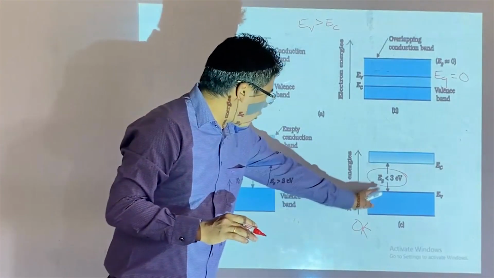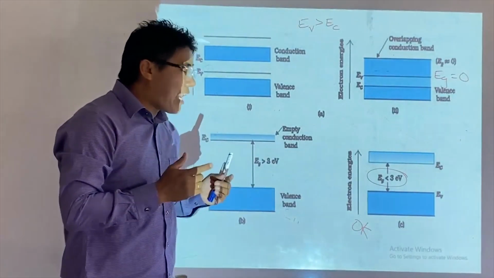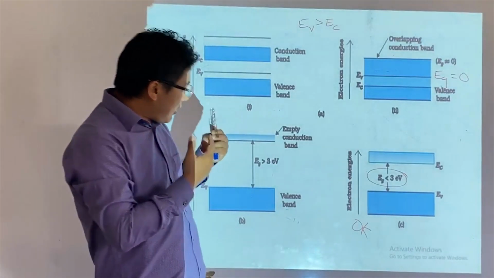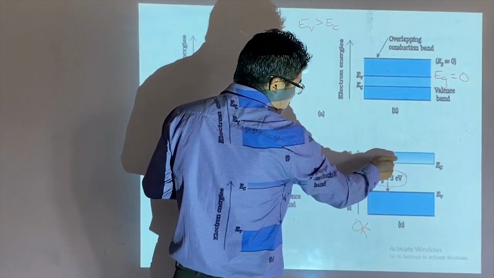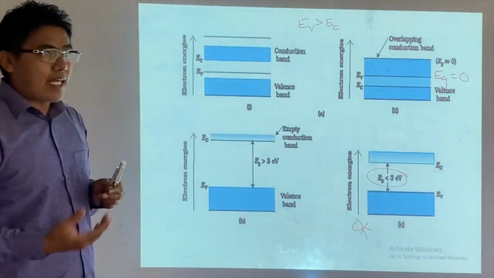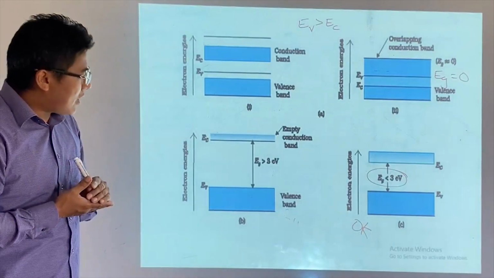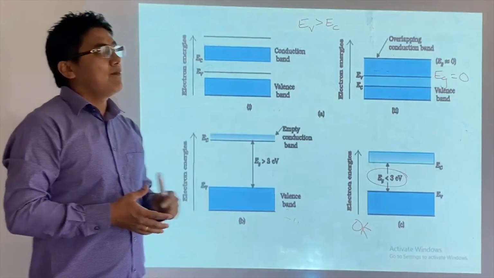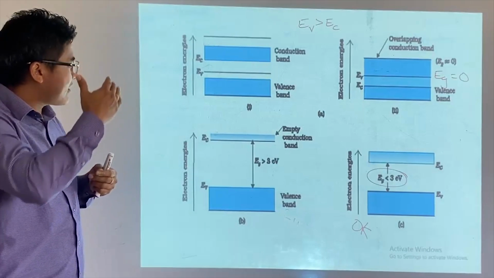So this is what we call a semiconductor. If I supply that energy, electrons can jump into the conduction band, so electrons become available there and the semiconductor can conduct electricity. So it is semi, meaning conductivity is between conductor and insulator.